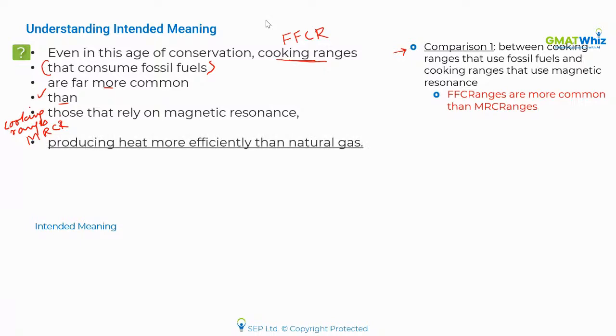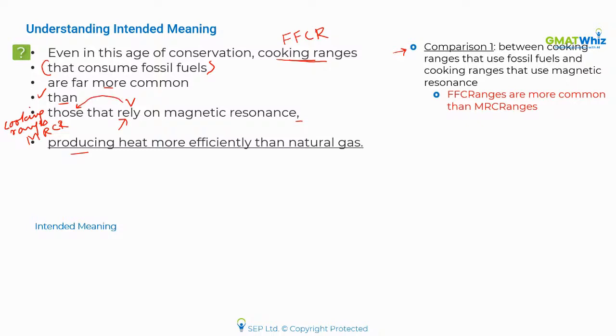Right after that, we have a comma and then we have an ing verbal here. Producing heat more efficiently than natural gas. Now, a comma plus ing after a clause modifies the nearest verb in that clause. What is the nearest verb here? Rely. This is the verb that is nearest to this producing. Okay. And the subject of that verb is the magnetic resonance cooking ranges.